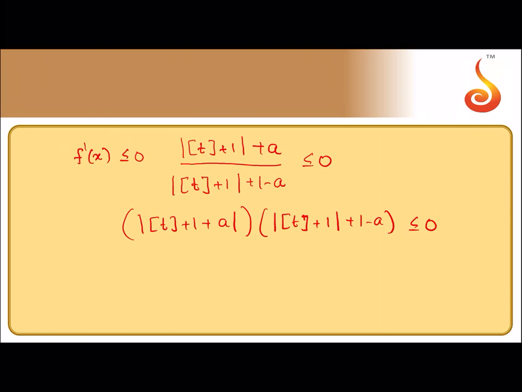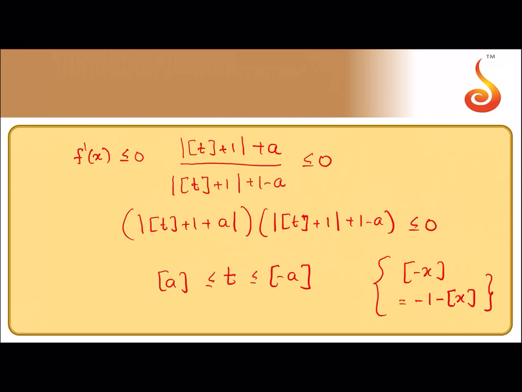Whenever it is less than, that clearly indicates this: modulus of greatest integer of t plus 1 plus a, into modulus of greatest integer of t plus 1 minus a, is less than or equal to 0. From this, we get t lies between greatest integer of a and minus greatest integer of a. And here, minus greatest integer of x is equal to minus 1 minus greatest integer of x.